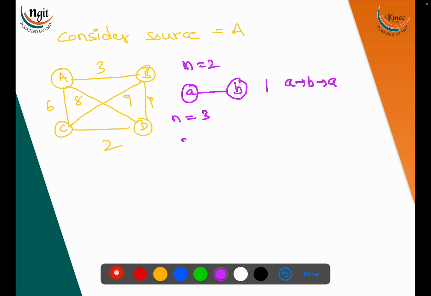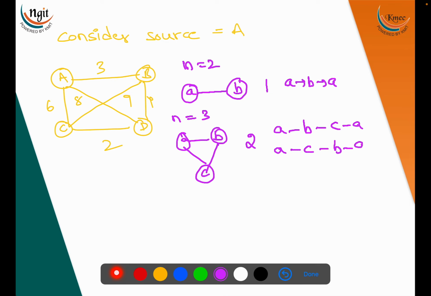Then A to B, B to C. How many routes can I make? 2 routes. One is A to B to C and again C to A, returning back to the starting city. The second is A to C to B to A. How many routes can you find? 2 routes. Correct?